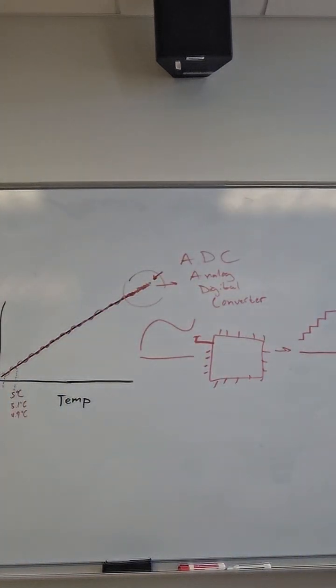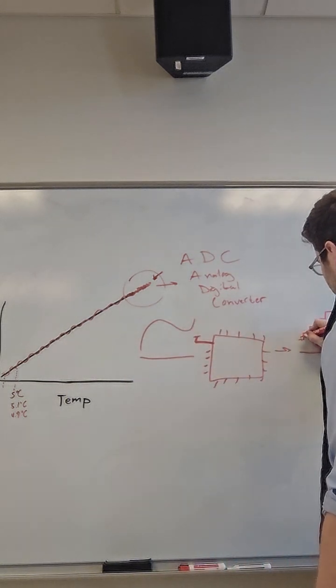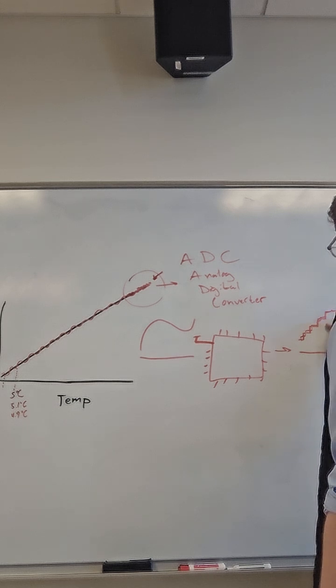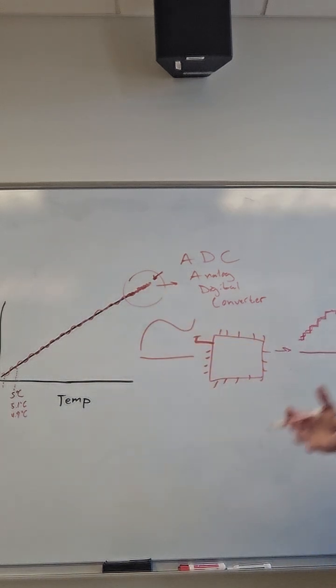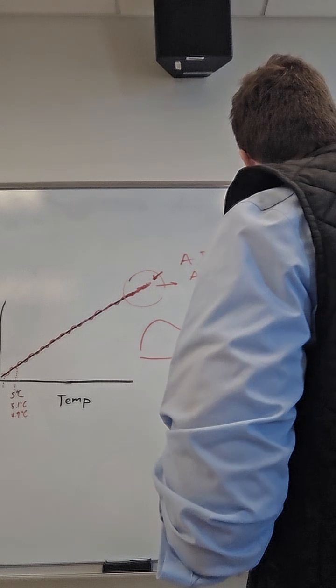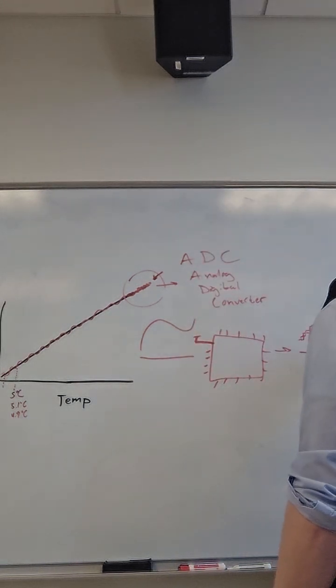And the number of bins is our resolution. So the finer we make these squares, the closer we can approximate our signal and the less error there is in our input. We're not changing what we see quite as much in the number that we end up reporting. So this gives us a number.